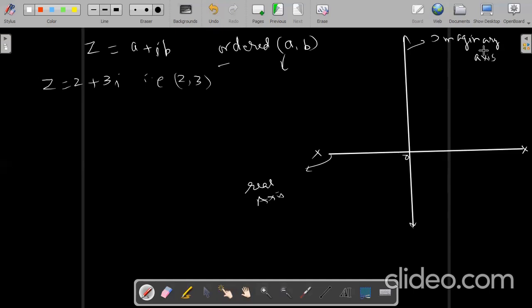That's why we cannot call it a Cartesian coordinate system. The name of the system is Argand plane. This plane on which we are representing the complex number is called the Argand plane.